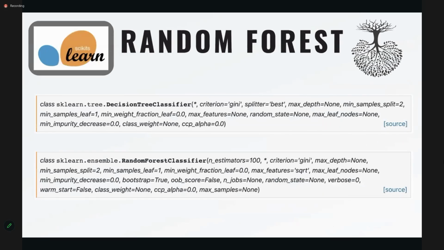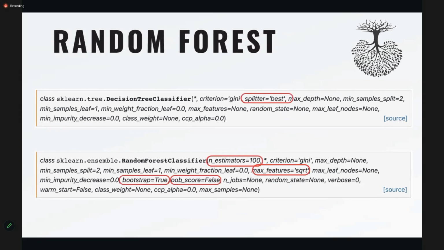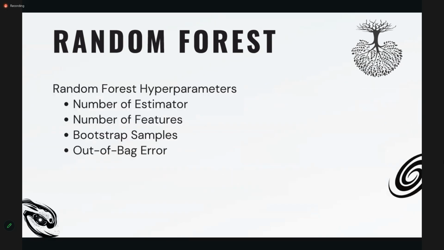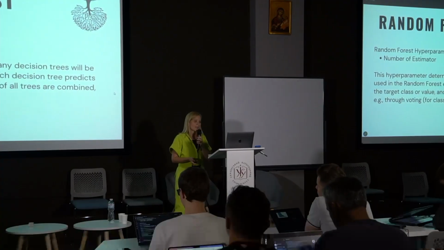In scikit-learn, for a decision tree and random forest, we can see that a lot of parameters are the same. But I want to concentrate on the different ones: number of estimators, number of features, bootstrap samples, and out of bag error.